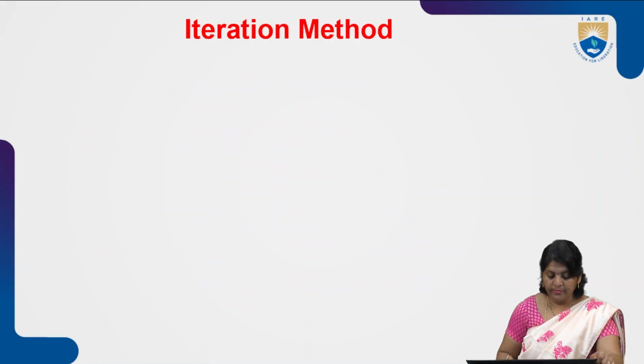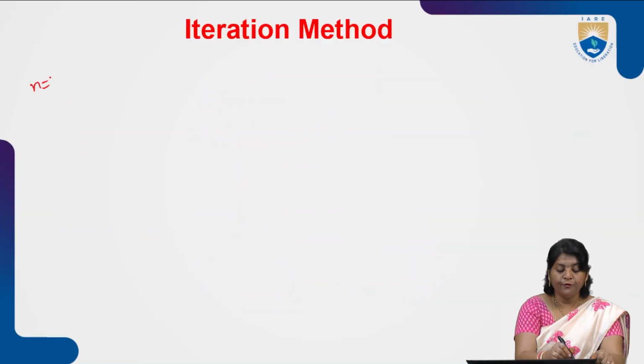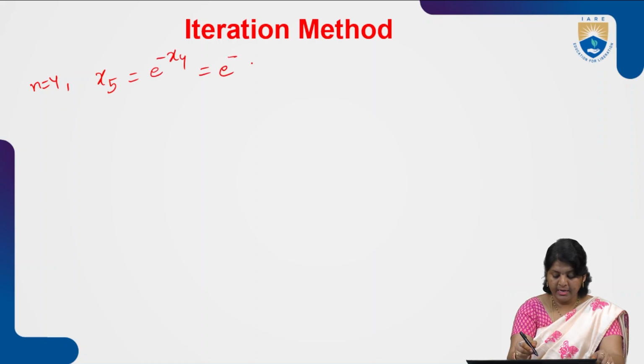And now when n is equal to 4, x5 is equal to e power minus x4, that is e power minus 0.560, and this is approximately equal to 0.57.